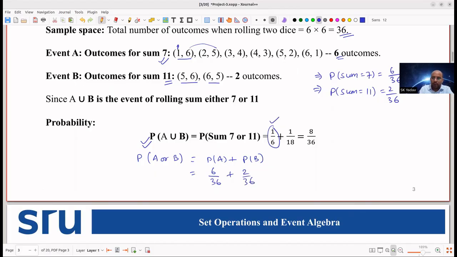So 1 by 6 plus 1 by 18 equals 8 by 36, which is 4 by 18 or 2 by 9. So the final answer is 2 by 9.